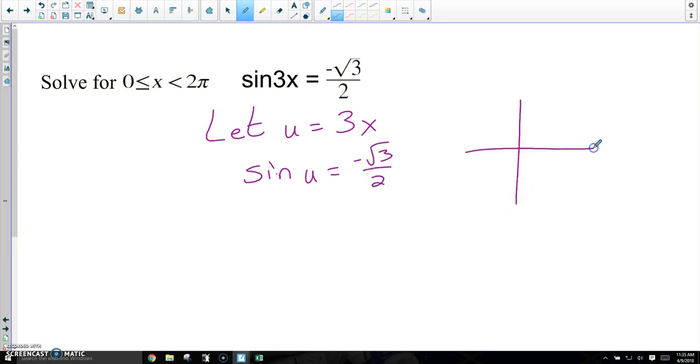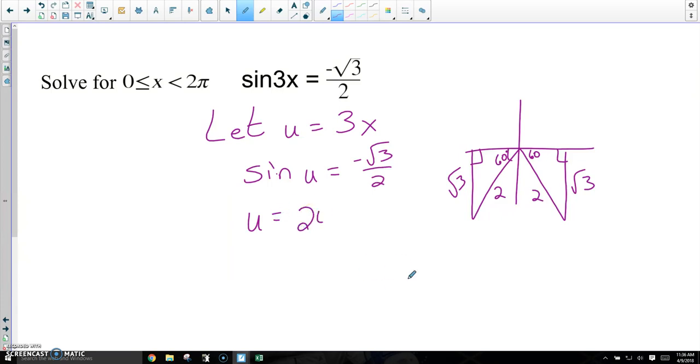Well, that's pretty easy to solve. We have two triangles down here in quadrants 3 and 4, where the opposite is the square root of 3 and the hypotenuse is 2. So that makes this a 60-degree angle, and this a 60-degree angle. So u would equal 240 degrees or 300 degrees.